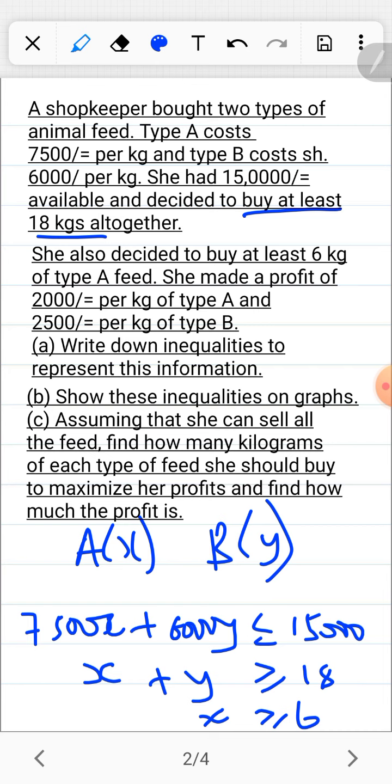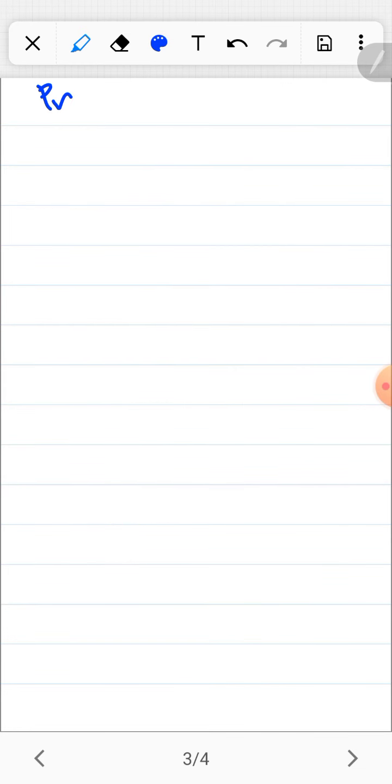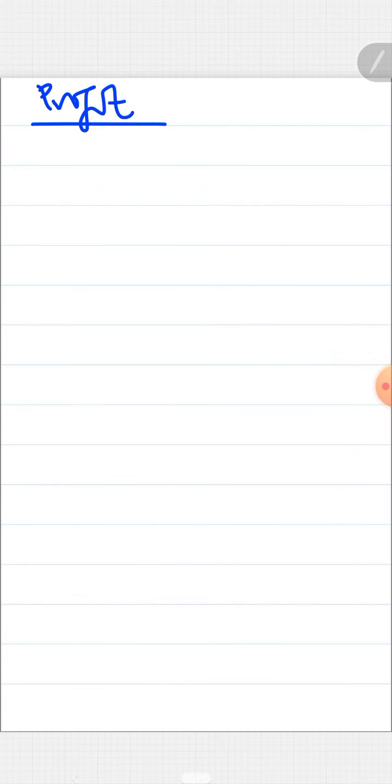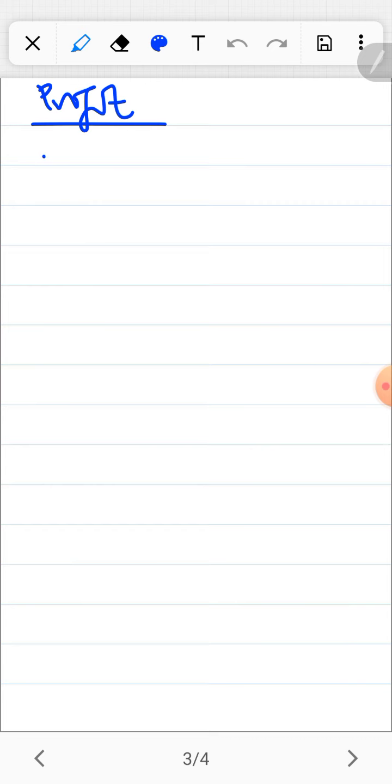She makes a profit of 2,000 shillings per kilogram of type A and 2,500 per kilogram of type B. So let me write a profit equation here. Let me check that again. Profit of 2000 per type A and 2500 per type B. So the profit equation, I can get my profit using 2500x plus 2000y.